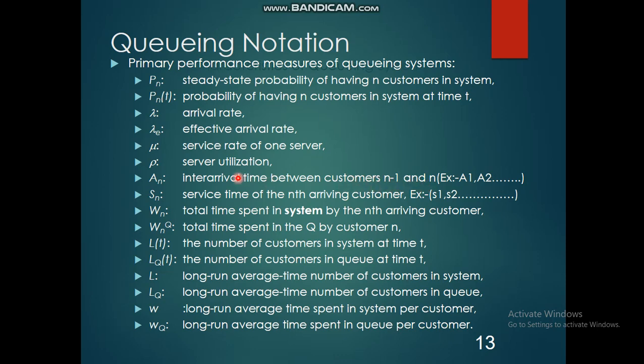Next is Sn. Sn represents the service time of the nth arriving customer. For example, it can be represented as S1, S2, S3, and so on. Wn represents total time spent in the system by the nth arriving customer. Wn raised to q represents total time spent in the queue by customer n.